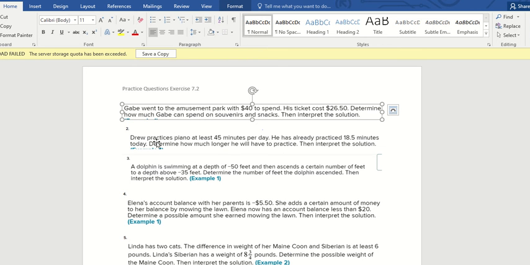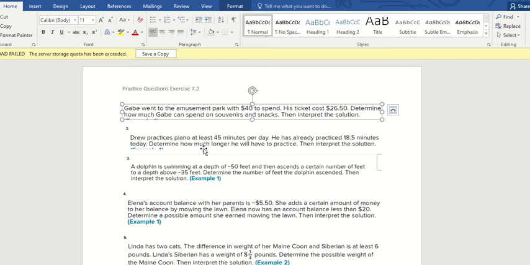So if we say that he practiced piano at least 45 minutes per day, it means that the minimum he has played piano is 45 minutes, but he can do more. He can go for 45 minutes, 46, 47, 48, 49. He can go for 50 minutes, he can go for 60 minutes, like this.